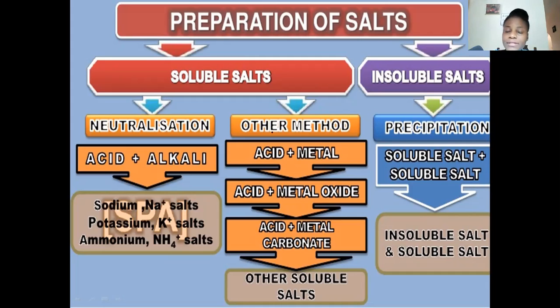Obviously, we are not back at school, so some of them we'll do when you're at school if you ever go back, and some of them you can do at home through simulation. We spoke about making insoluble salts at length last term, and so this term we're going to focus on some ways of how to make soluble salts.